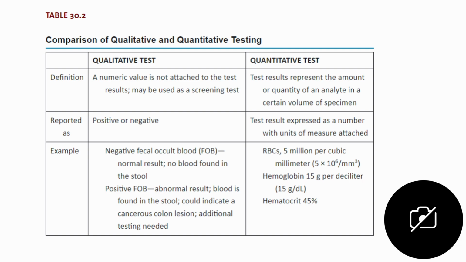A qualitative test is either positive or negative, like a rapid strep test, rapid mono, or rapid influenza/COVID test. And a quantitative test result is expressed as a number with units of measure attached. I just gave you a couple of examples, but there are a couple of examples at the bottom that you can review as well.